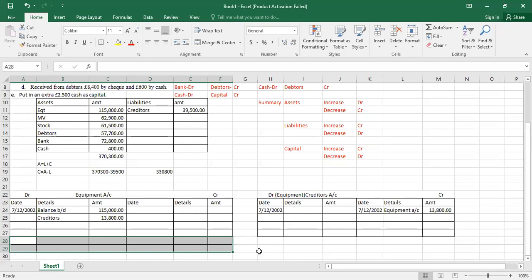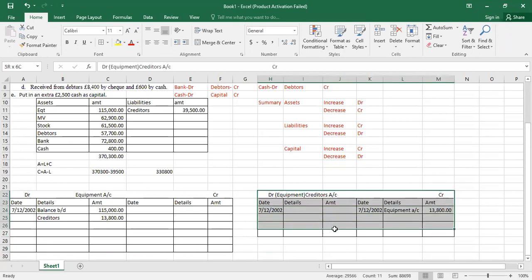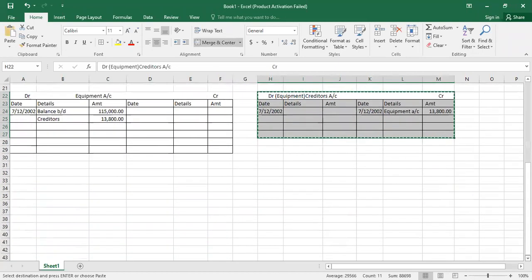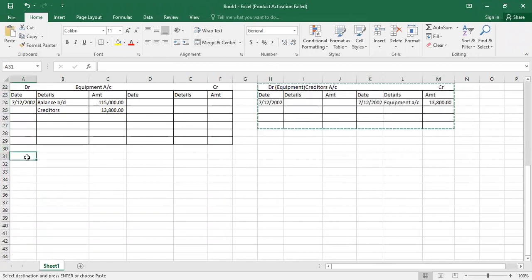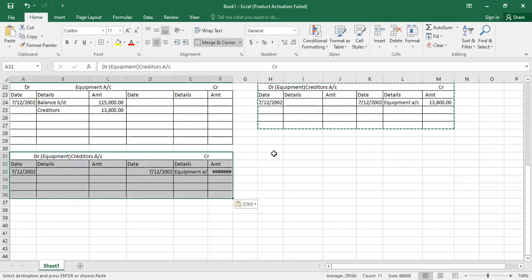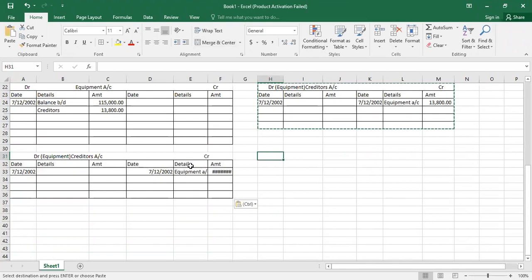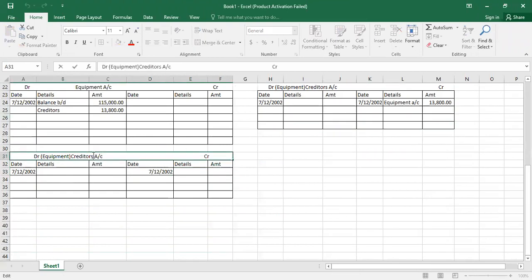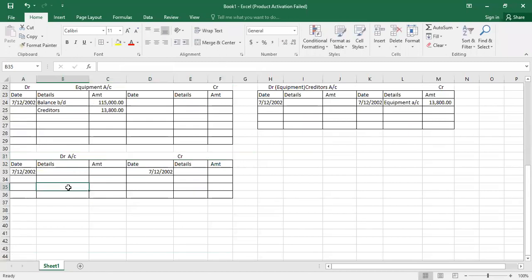I want to copy paste all this because I have different entries. Allow me to do that. These accounts are blank, so I want us to fill them as we go by to avoid confusion.